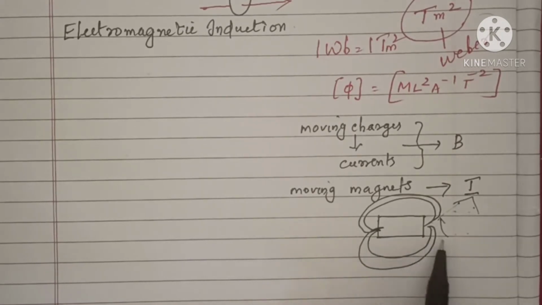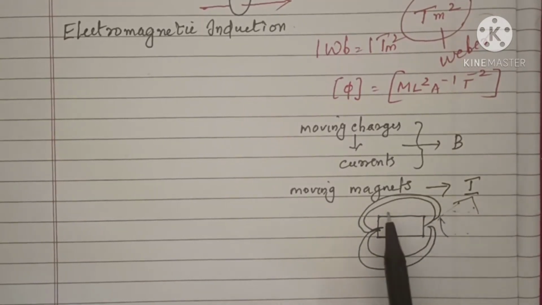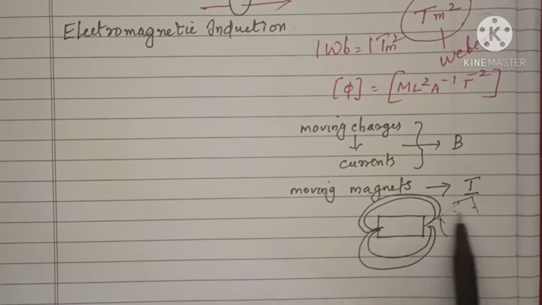When you are moving a magnet, there is a change produced in the magnetic flux. It is very necessary that there should be a change in the magnetic flux so that it will produce current. Clear for you? When you are moving a magnet, the lines of force also move.